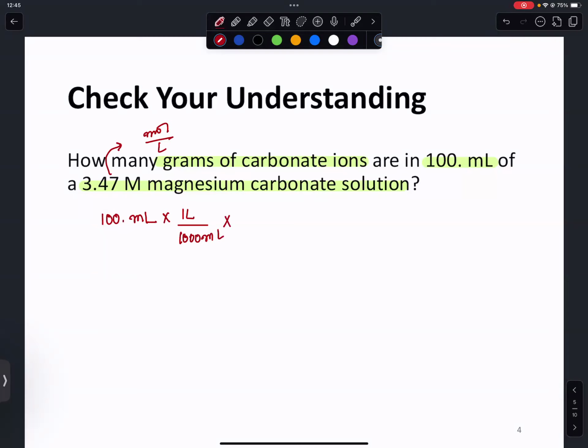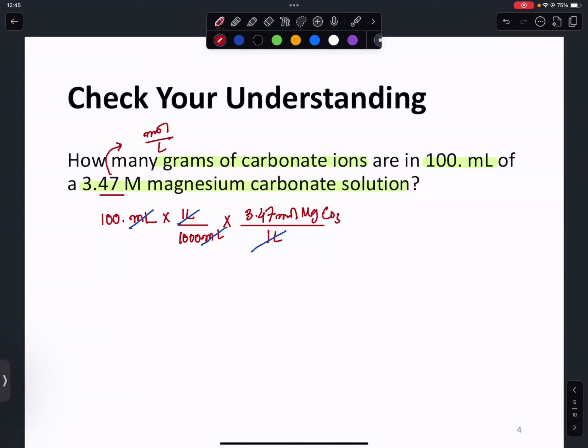Okay, and then I'm going to start by breaking down this 3.47 molar. So it becomes 3.47 moles of magnesium carbonate, divided by 1 liter. Okay, so we see now everything cancels out.